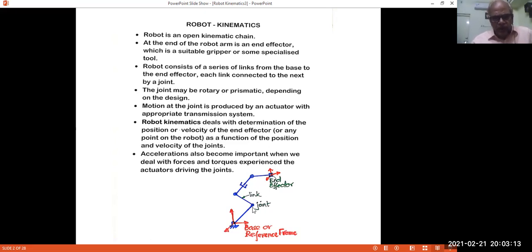But on the robot, at each of these joints, we provide only 1 degree of freedom. The human arm, for example, has 3 degrees of freedom at the shoulder, 2 at the elbow, 2 at the wrist. So 7 degrees of freedom in all. But the controls at the shoulder are very complex.